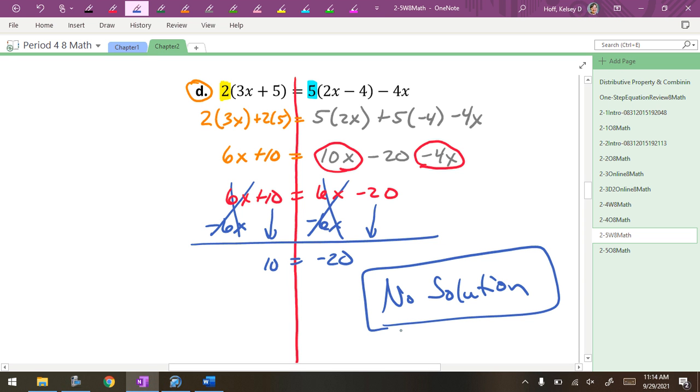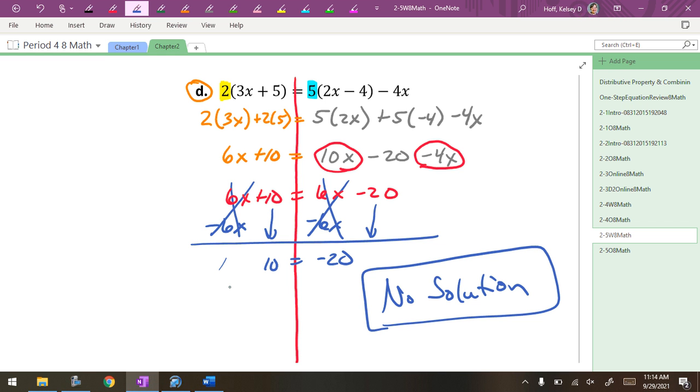No. So 6x minus 6x, they cancel out. Technically you could put 0x, but then it's 0, right? So we don't really need to put that. But I'm going to warn you, don't automatically assume every problem is no solution or infinite solutions. All right, one more.